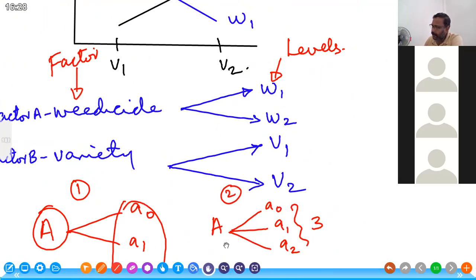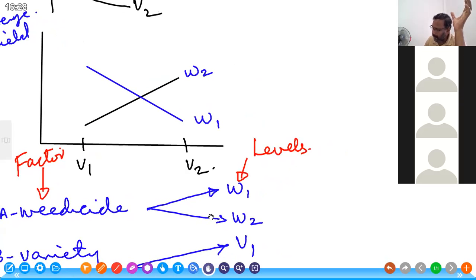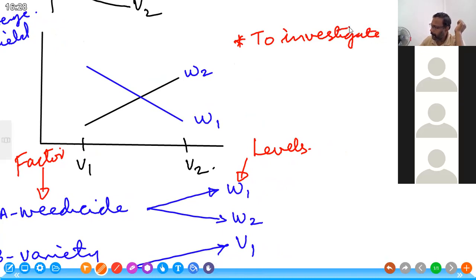Coming back to this concept, we said the purpose of factorial is combining 2 factors in an experiment. The other important aspect, write this down, the most important, is to investigate the interaction.